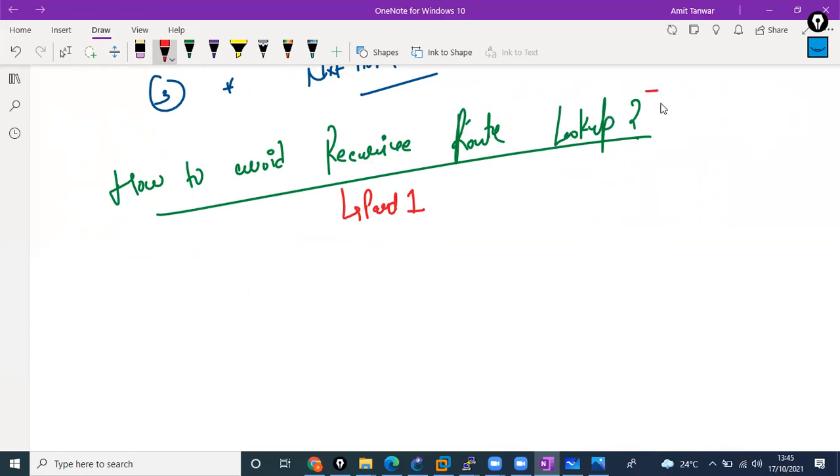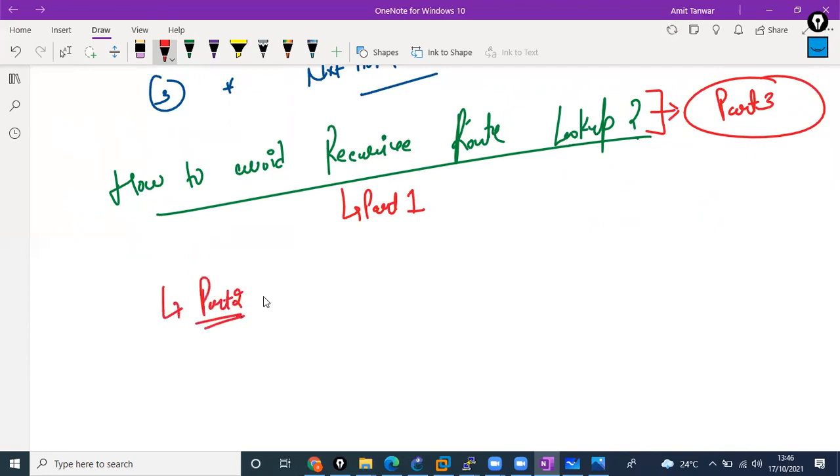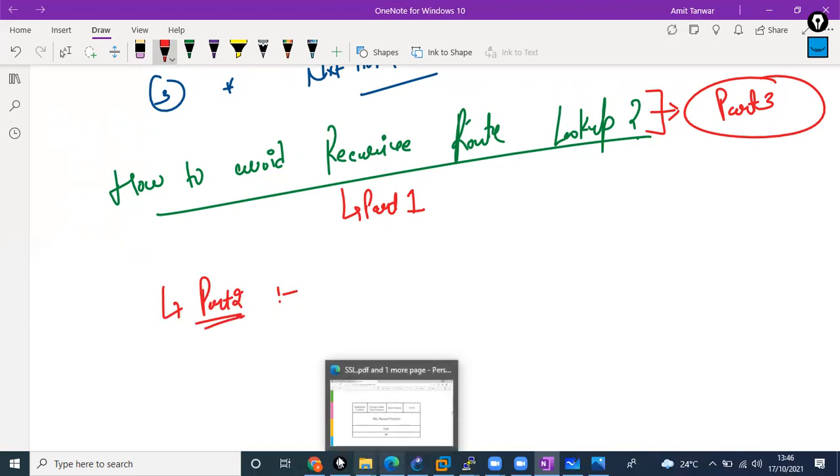You will get the answer in part 3, where we will discuss how to avoid recursive route lookup. The next video is part 2, where we'll discuss static routing with next hop. And then in part 3, we will discuss how to avoid the recursive route lookup concept.